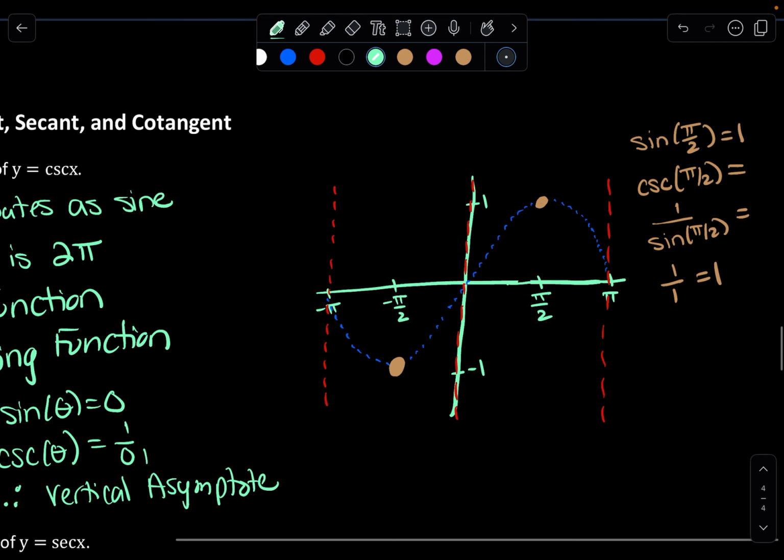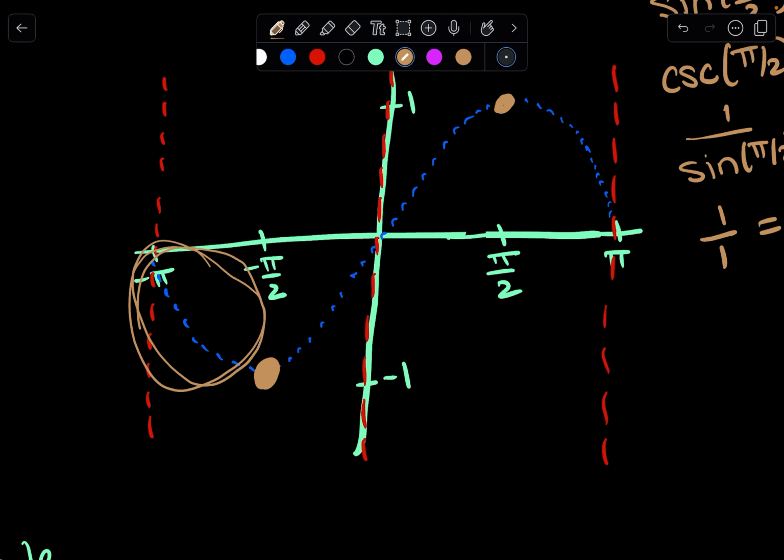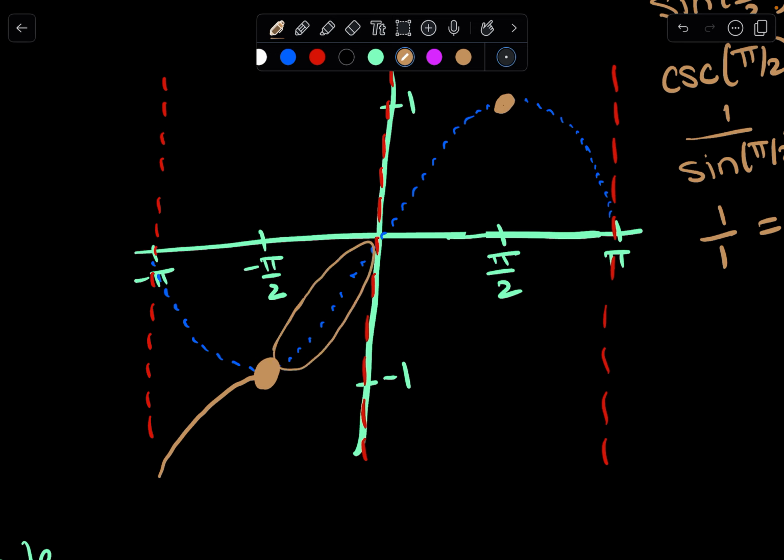This same attribute can be applied to trig expressions. So if we look at this, sine is decreasing into that point, which means cosecant should be increasing into that point. So I can draw something like this. And then as I go forward, sine is increasing here, which means cosecant will decrease.